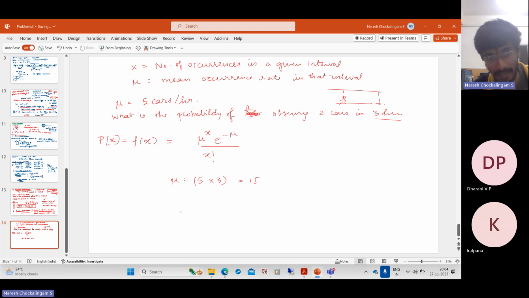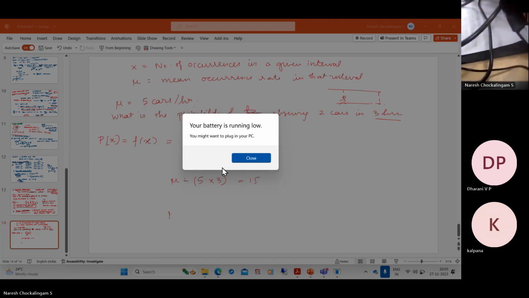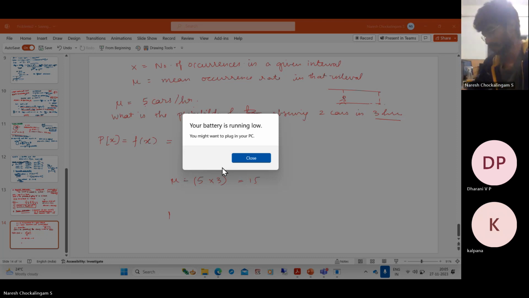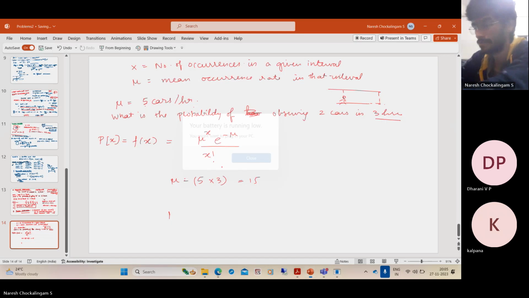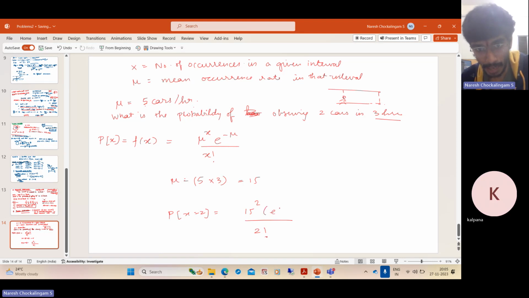So the probability of observing 2 cars is nothing but 15 square by 2 factorial times e power minus 15. Whatever it is, that will be the probability.